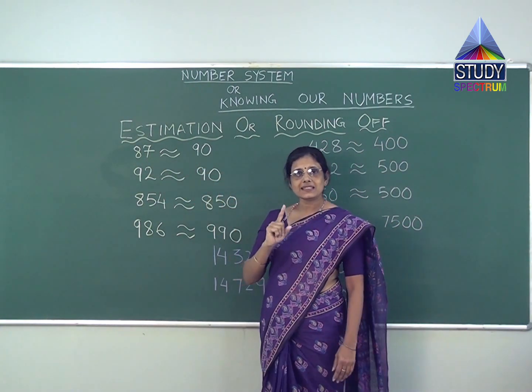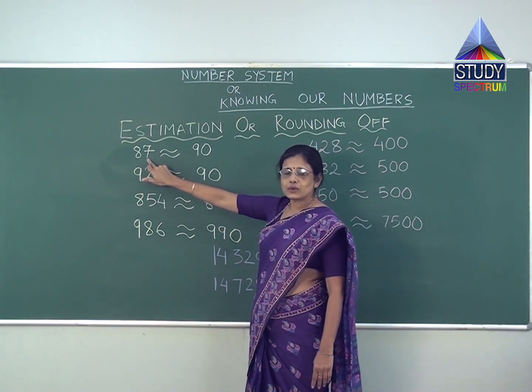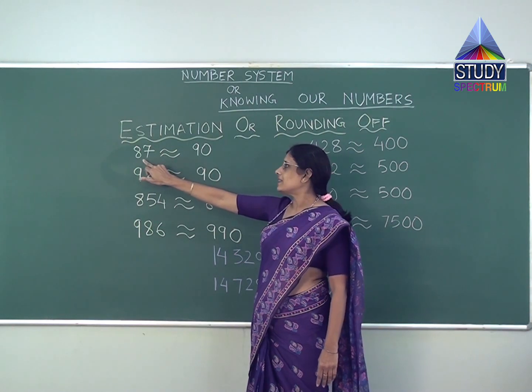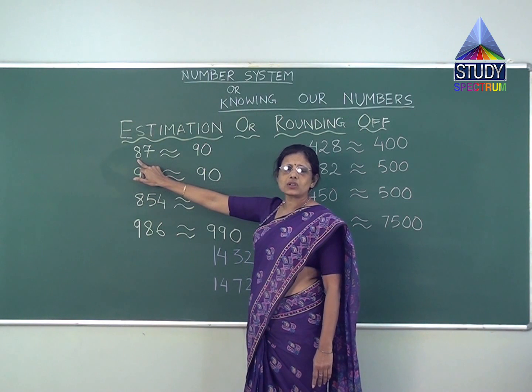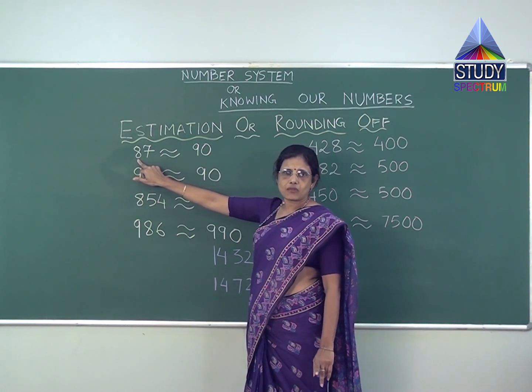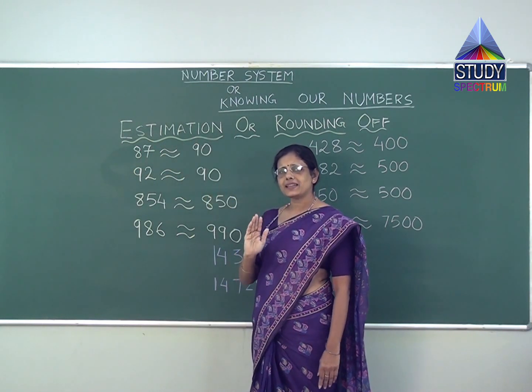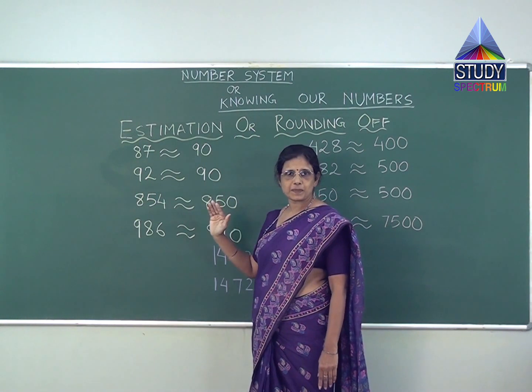What did I tell? Nearest tens. Nearest tens means in the unit digit there is 7 and the tens digit is 8, and I told to make nearest tens rounding off. So for making nearest tens rounding off, you have to look at the unit place.